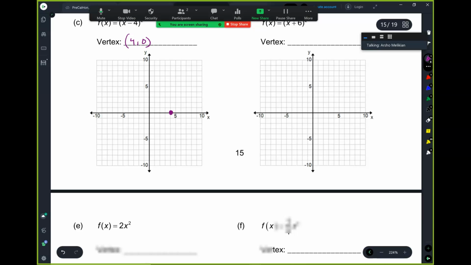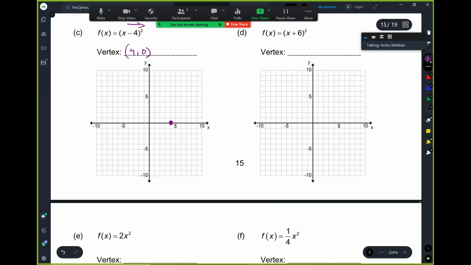If you plug in 1 point to the right of the vertex, x equals 5, y is 5 minus 4, 1 squared. And then here you mirror it. If you go 2 to the right, x equals 6, 6 minus 4, 2 squared, 4. So we're mentally plugging them in.